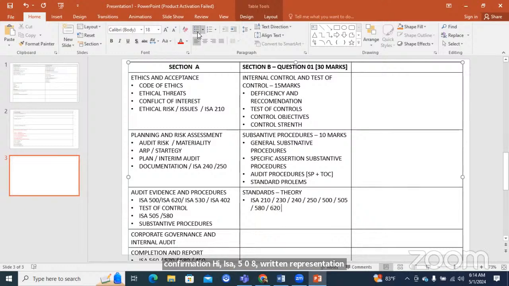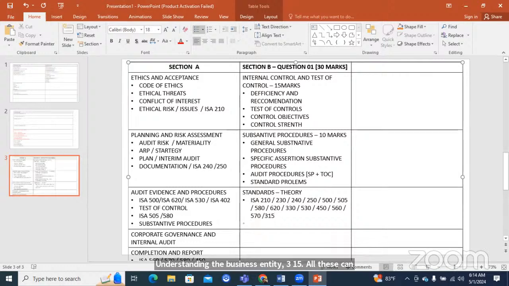ISA 610, relying on internal auditors' work. 330, interim audit. 530, sampling. 450, overall misstatement. 560, subsequent events. 570, going concern. Anything can be tested. Understanding the business entity, 315. All these can be tested.